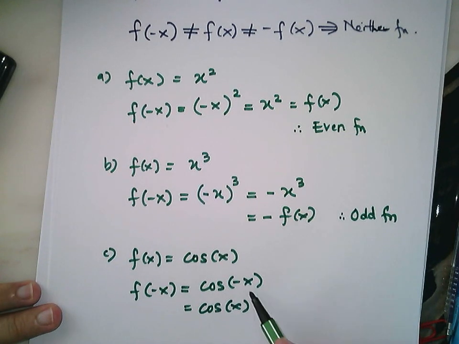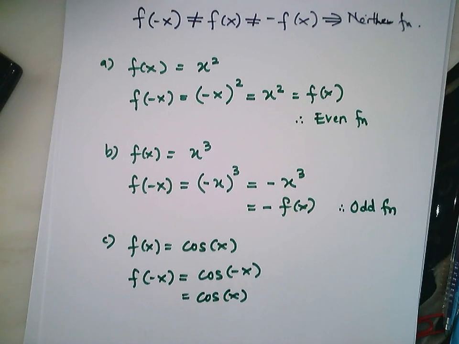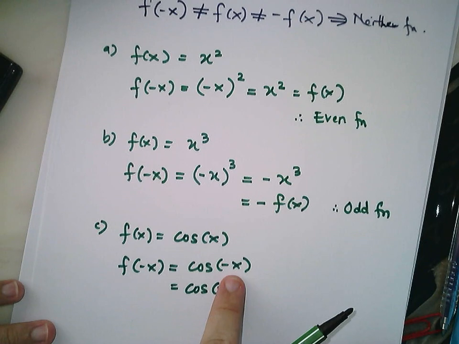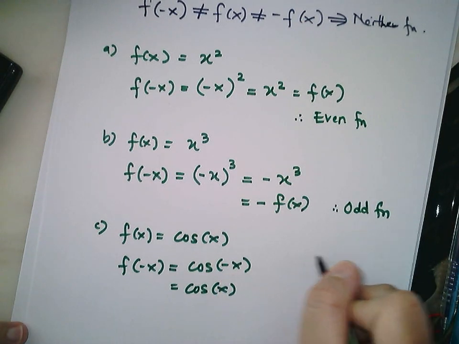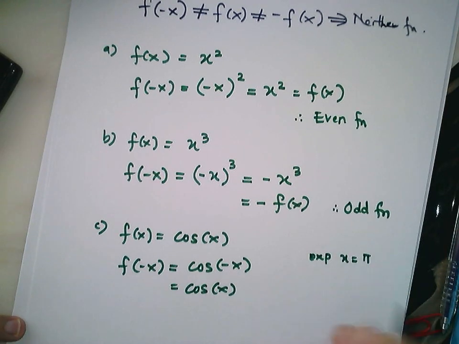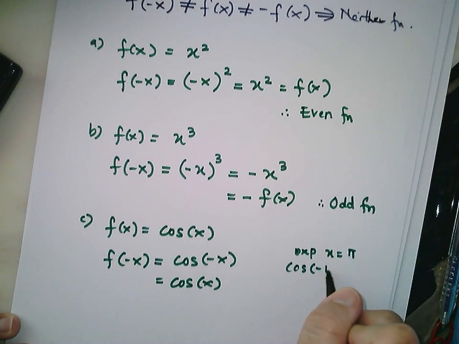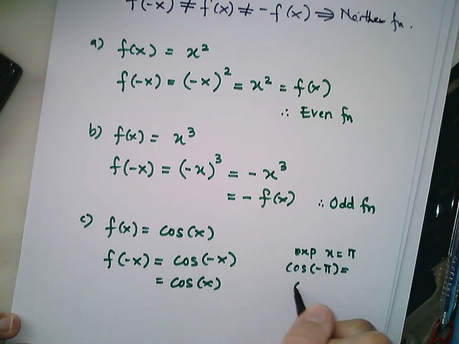So how I know that this one is equals to this one? So let's say you consider your x is equals to pi. So now try to find the value of cos negative pi and also cos pi.